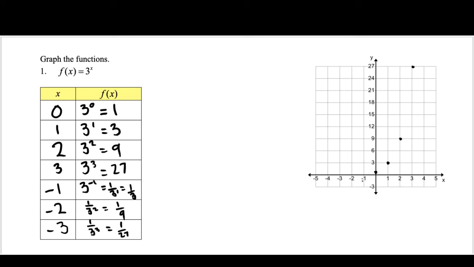When x equals negative 1, y equals 1/3, very close down there. Negative 2, 1/9, negative 3, 1/27. All of these will be very close to the x-axis. So if I graph this, I basically get something like this.